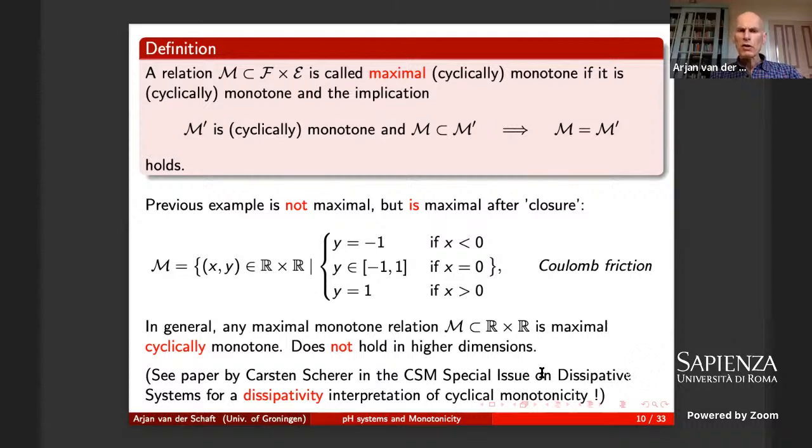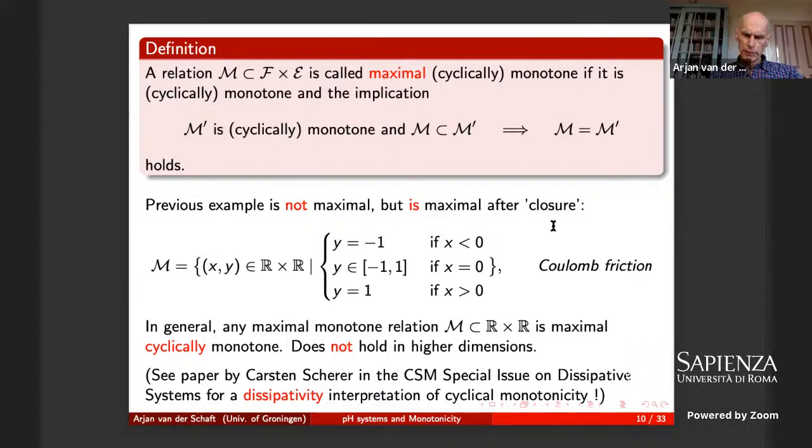So we call a relation maximal monotone or maximal cyclically monotone if it is monotone or cyclically monotone, and we cannot extend it while keeping this property of monotonicity or cyclical monotonicity. So there is no larger M prime, which is cyclically monotone, covering the whole M. So only this.